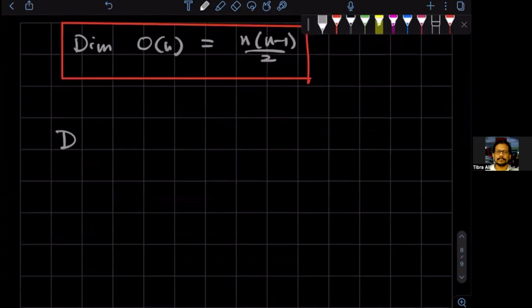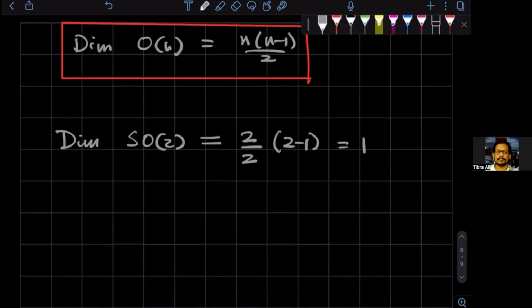Okay. So let's see that this actually matches with what we have seen so far. For example, if I take the dimension of SO(2), which is the group of rotations in two dimensions, it's going to give me n is 2, 2 times 2 minus 1 divided by 2, which is 1. In 2 dimensions, you only need one angle to specify a rotation.